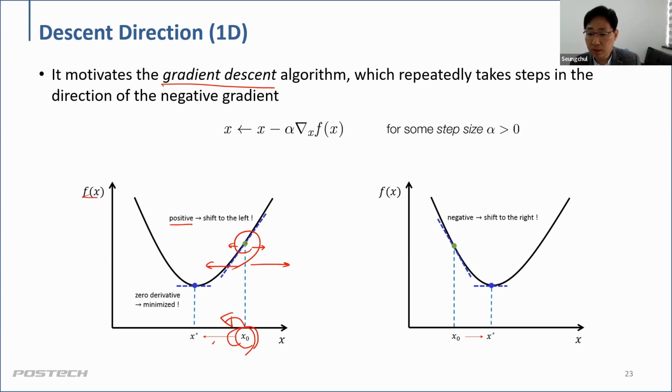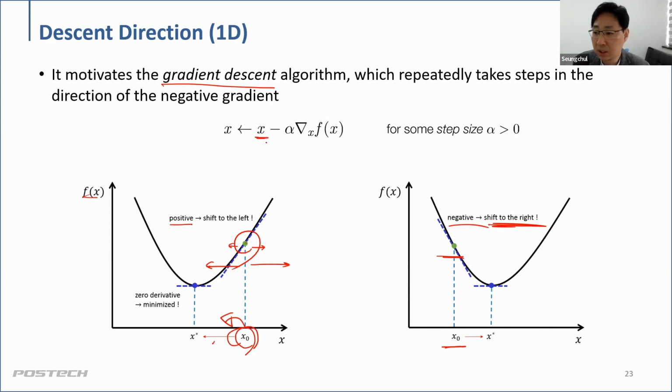Okay, and what about this? We can have another random initial point, and say we got a negative value for the derivative or gradient. That means in order to get a smaller value of the objective function, we have to shift to the right. So let me show you.